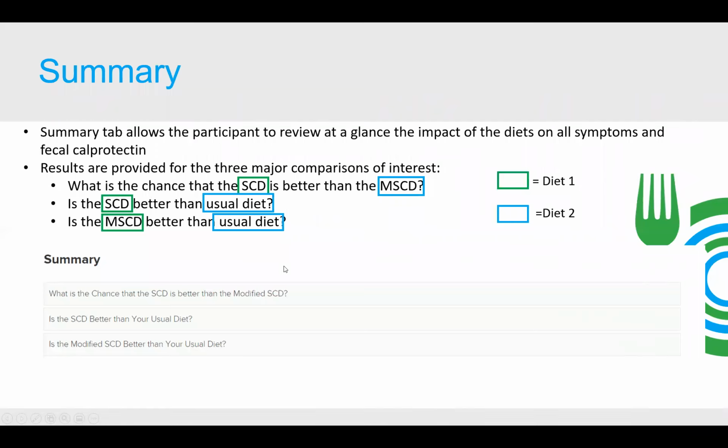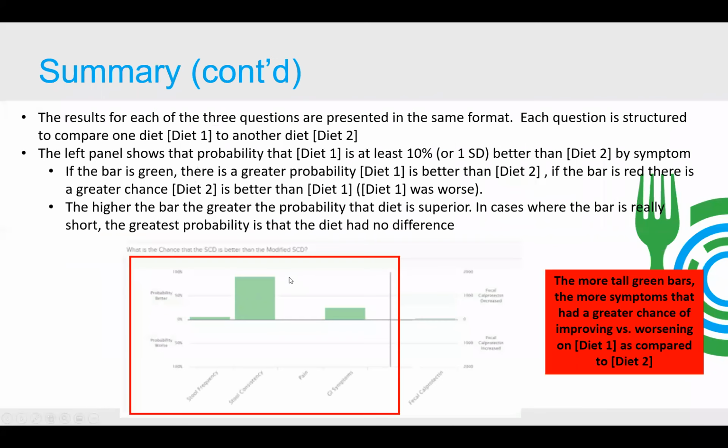So I'm only going to go through the results once, but you just have to look at what the comparison is for diet 1 versus diet 2. Again, the results for each of the 3 questions are presented in the same format. Each question is structured to compare one diet, diet 1, to another diet, diet 2. So SCD versus MSCD, SCD versus usual, or MSCD versus usual.